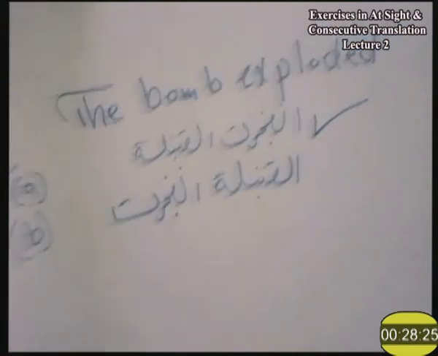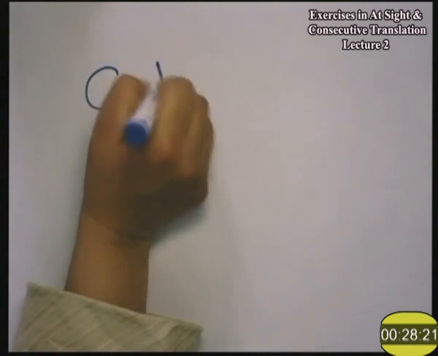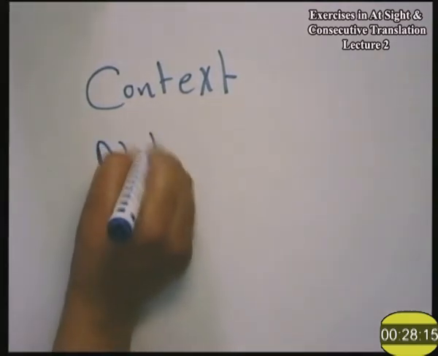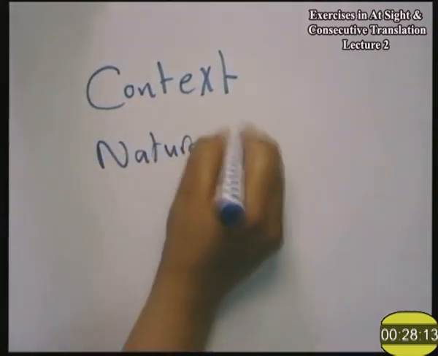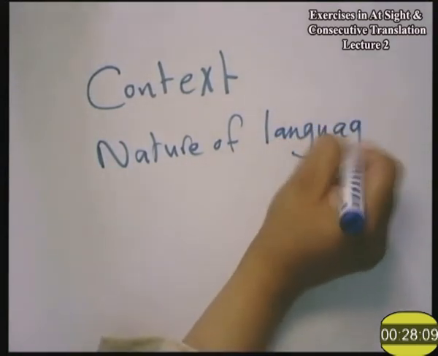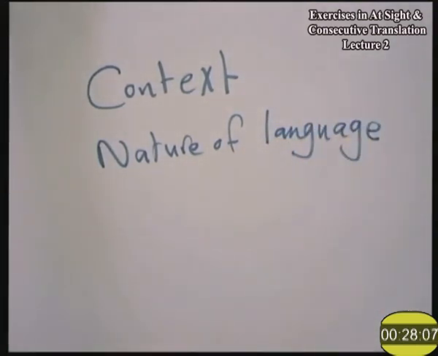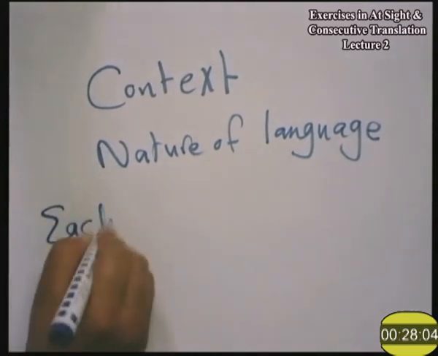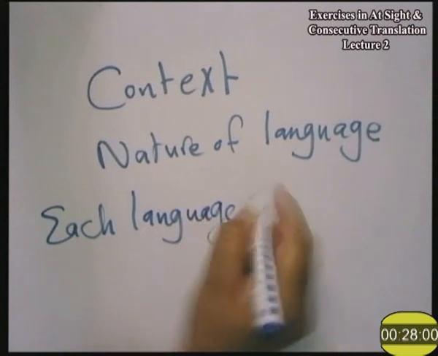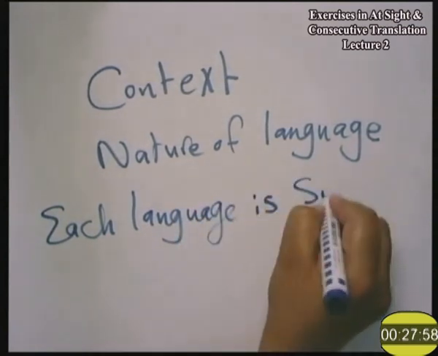Now, if you remember, I told you at the very beginning of this lecture that context is very important. We have to consider it. Also, we have to consider the nature of language. And it's said that each language is sui generis.